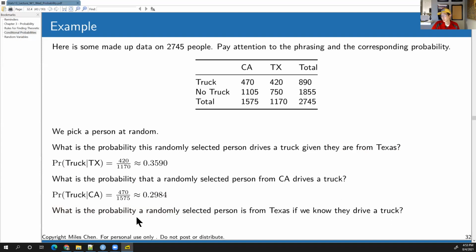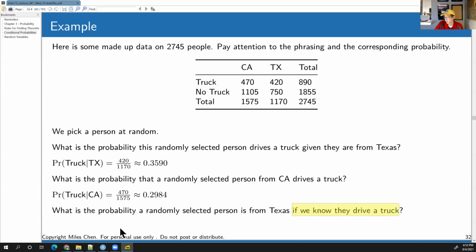And this one is phrased a little bit differently. We're going to ask, what is the probability that a randomly selected person is from Texas if we know they drive a truck? With this being phrased this way, the piece of information that is given to us, the piece of information that we know, is that they drive a truck.